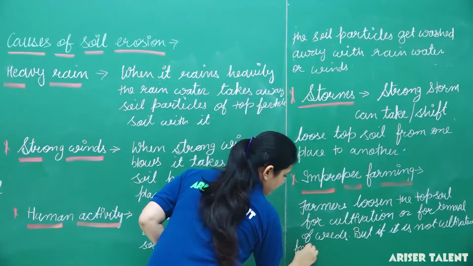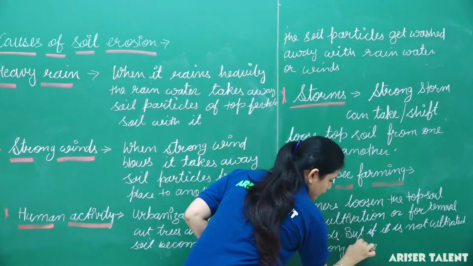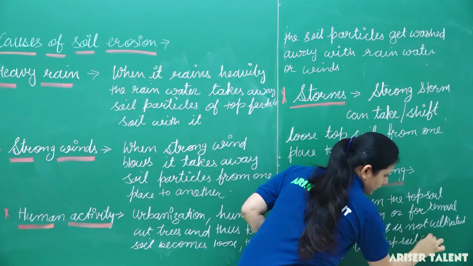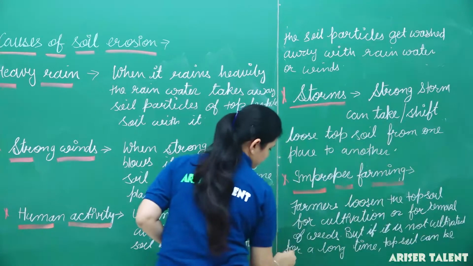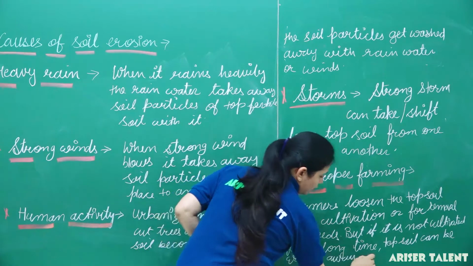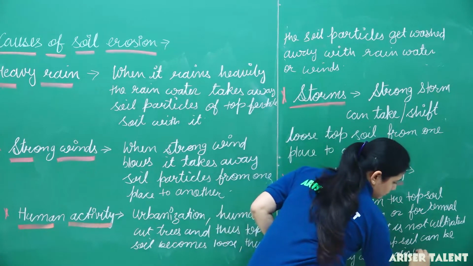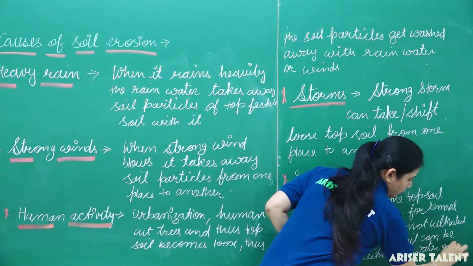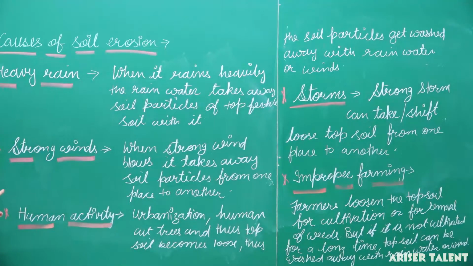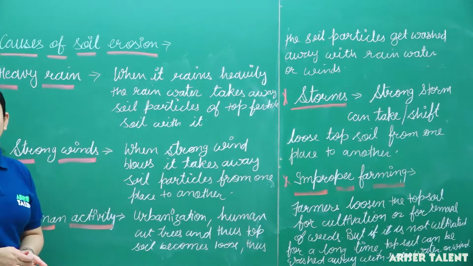So these are the main causes of soil erosion: heavy rain, strong winds, human activities, storms and improper farming.